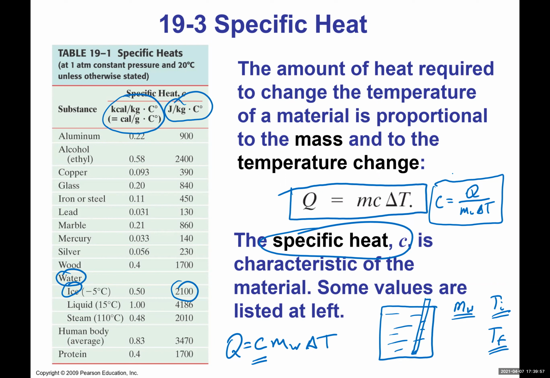Now, if the water here is in a solid form, that ratio will give me 2100 joules per kilogram degree Celsius. If it's in a liquid form, that ratio is going to give me 4186 joules per kilogram degree Celsius.